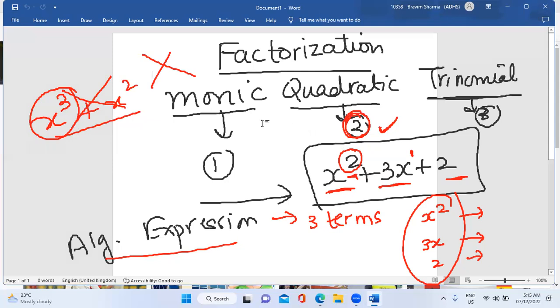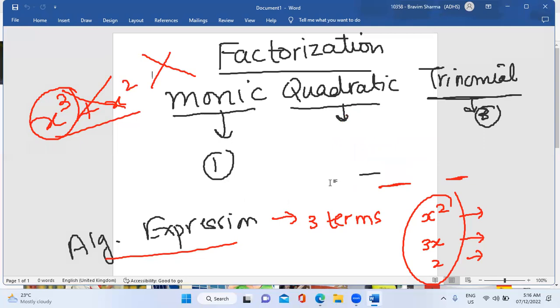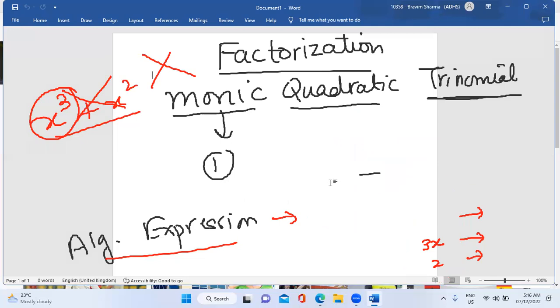Then next comes monic. Monic refers to the coefficient of the highest exponent term, which is x square here. What is written just before it? What is its coefficient? If nothing is written, it is by default 1. So we are discussing only the monic quadratic trinomial, where the highest degree term is x square or y square.